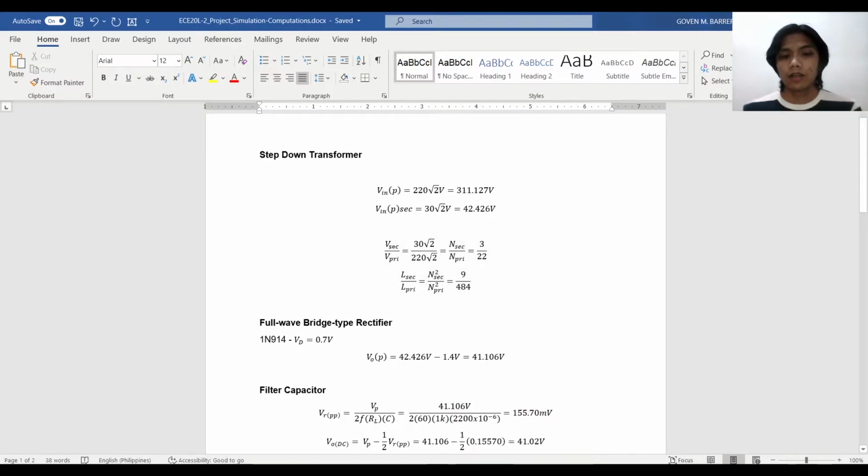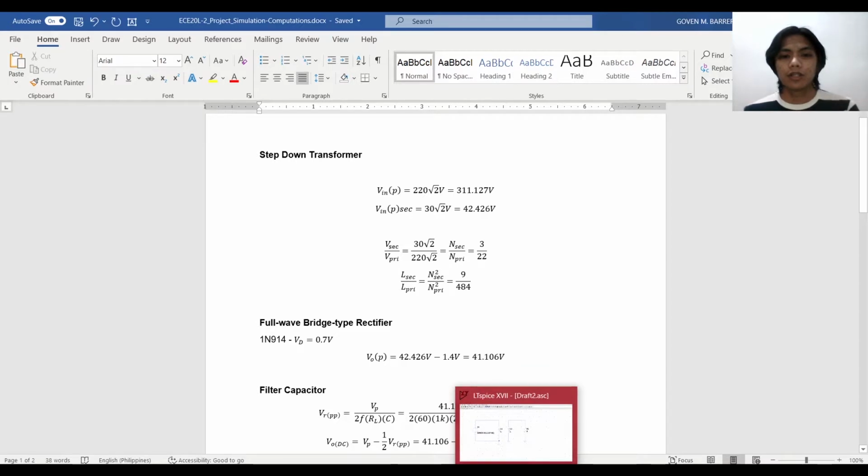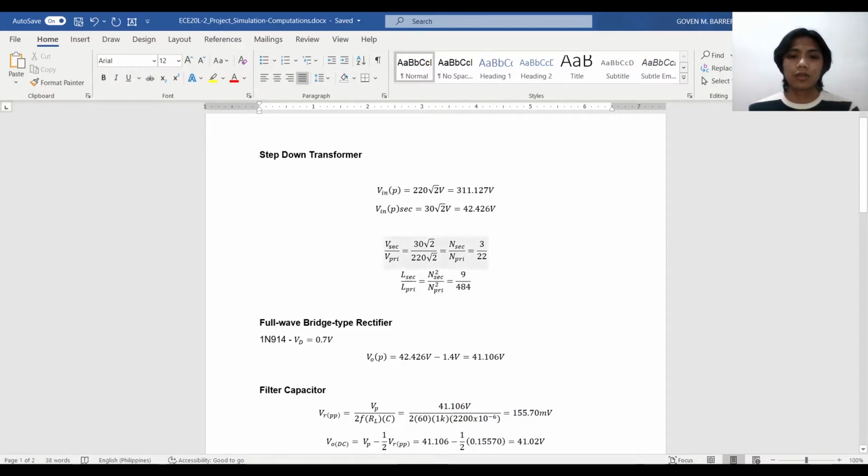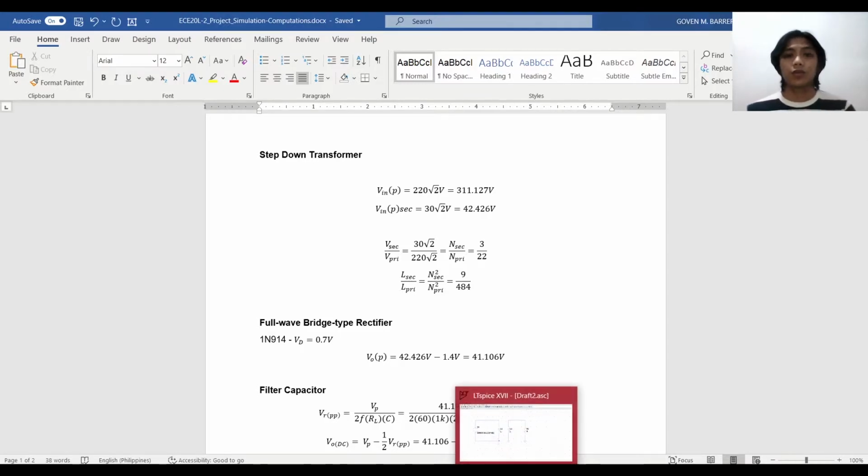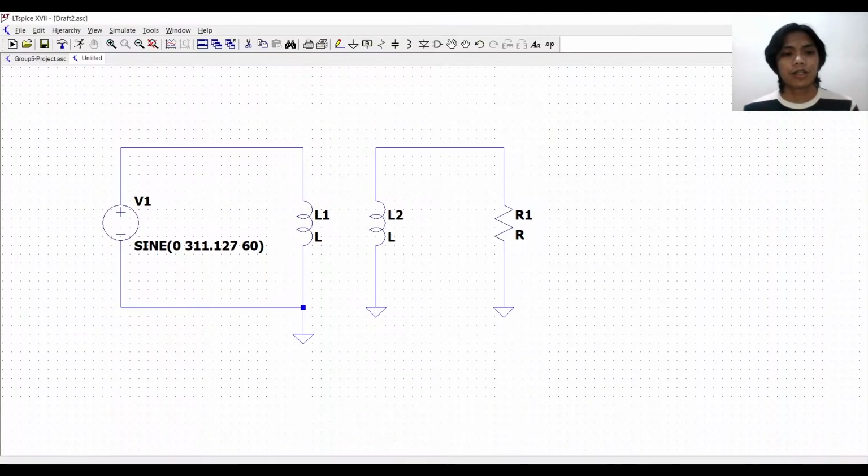In order to use the inductors, we have to first convert the turns ratio into the specified inductances of the step-down transformer. By squaring the turns ratio, we get this value, 9 over 484, and that is what we have to use for our step-down transformer.